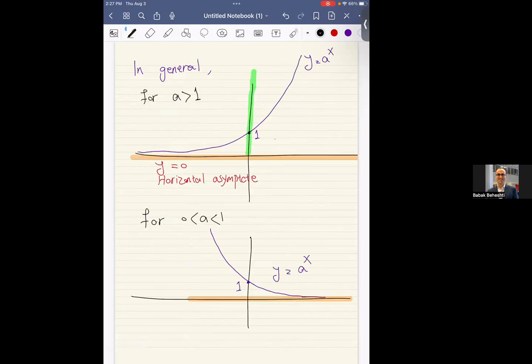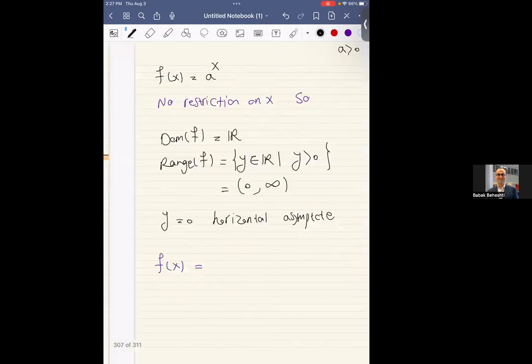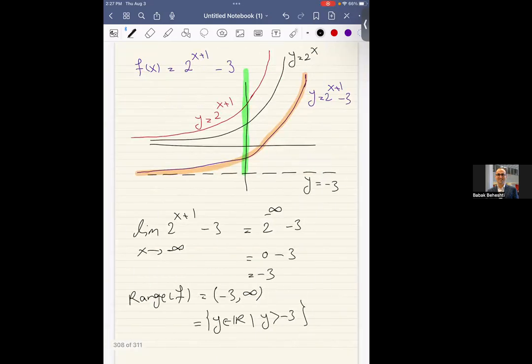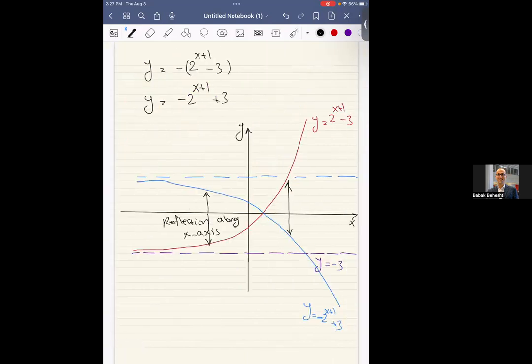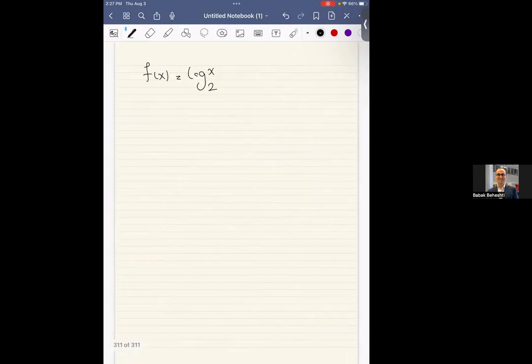For logarithm, we basically exchange x with y. For 2 to the power x, the domain is all numbers, but the range is positive numbers. For logarithm, the domain is positive numbers, but the range is all real numbers. So you exchange x and y.